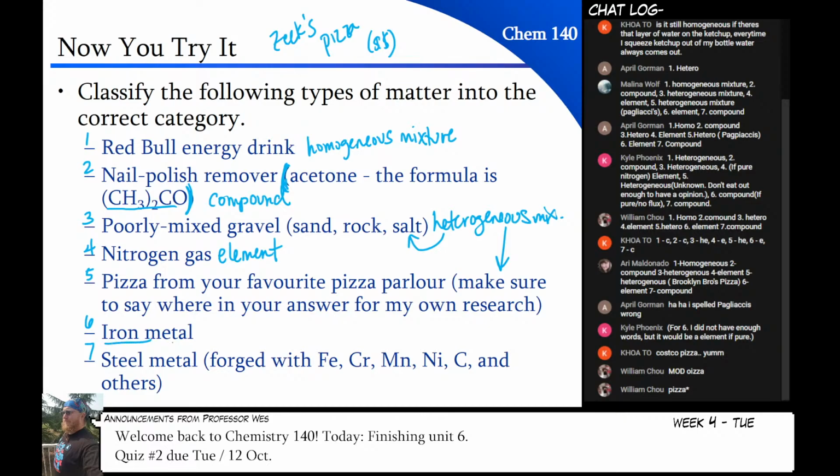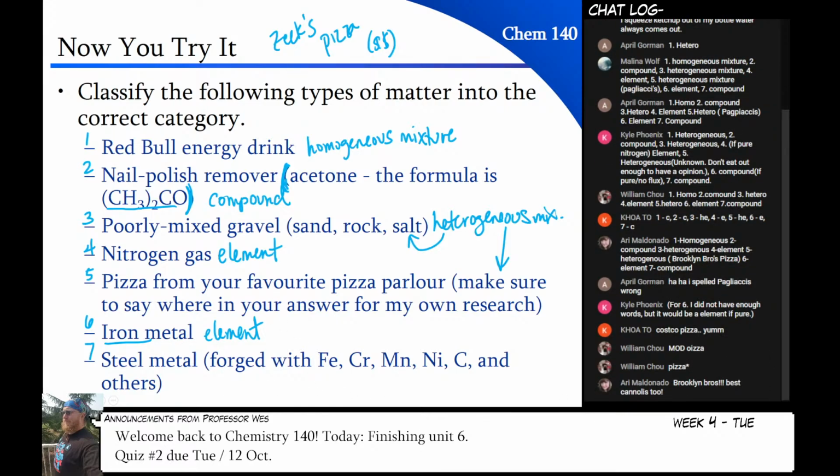Iron metal, the only element listed in the iron metal was iron, which is an element. Now, steel metal, steel is kind of a weird one. How is steel made? Steel is made by adding in all of the elements into, say, a mold.